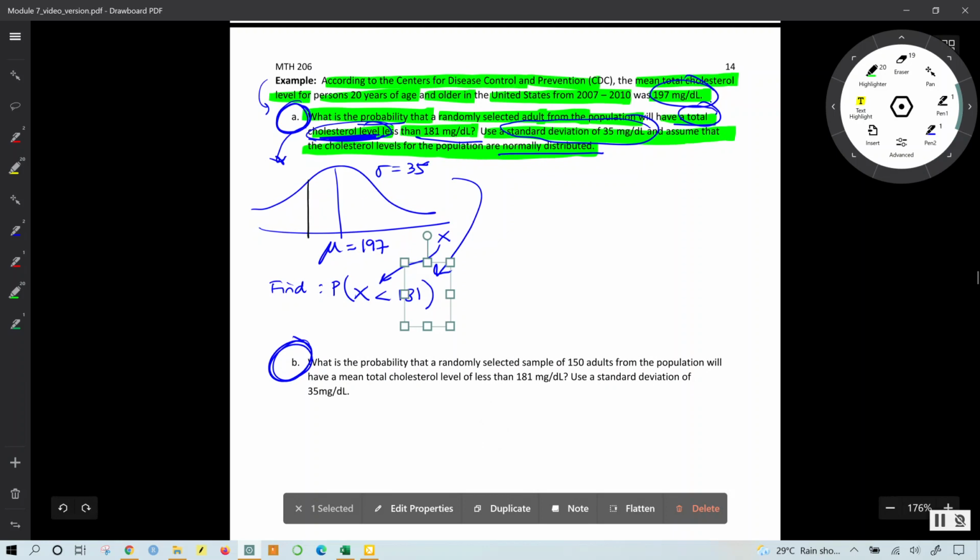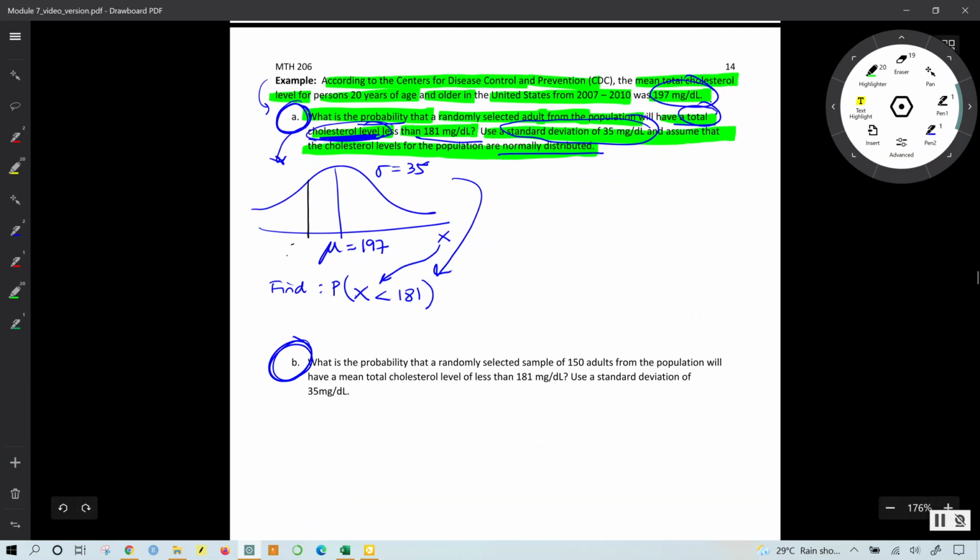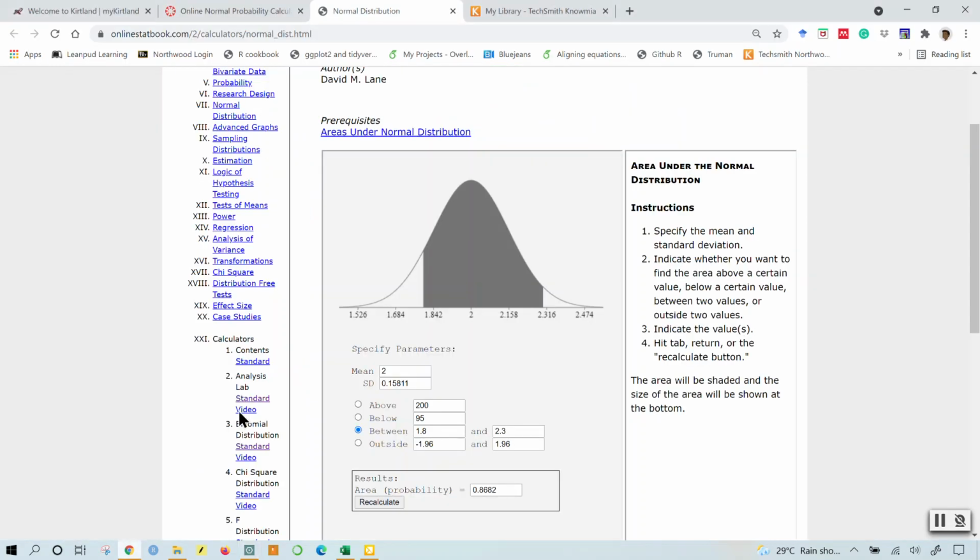I will locate the number 181, which is below 197, and I'm interested in the area below 181. So this will be equal to, going back to my normal distribution calculator, I'm going to key in these two values, 197 and 35.